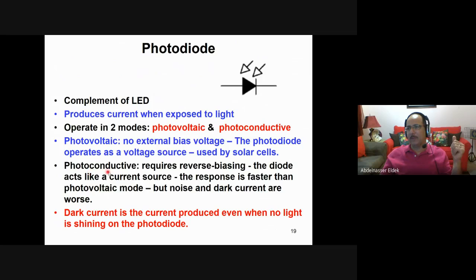The other one is called photoconductive, and this requires reverse bias to work. This one is acting as a current source, and its response is faster than the previous one, the photovoltaic mode. But of course, the noise and dark current are worse.